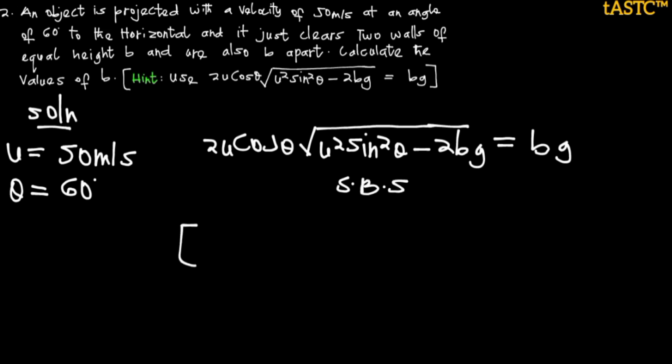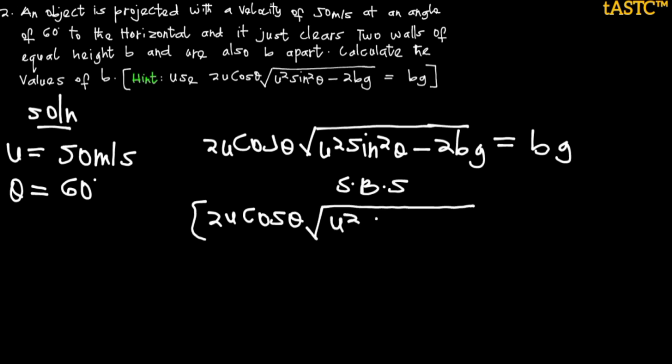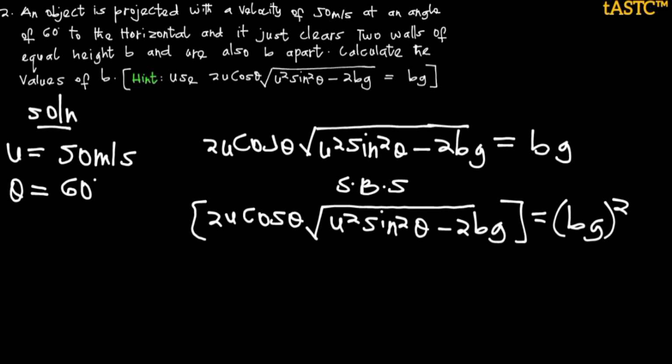So I'm going to rewrite it here: 2u cos theta times the square root of u squared sine squared theta minus 2bg, and on this side bg. This should be squared, and this is also going to be squared.